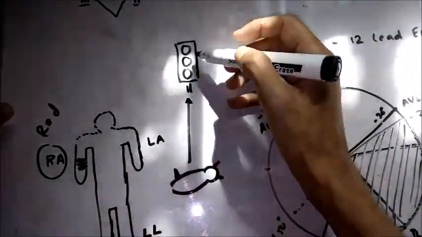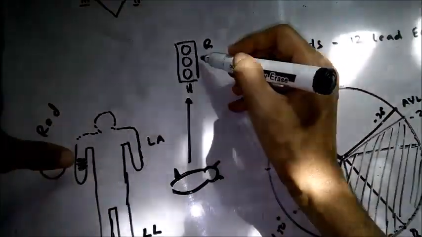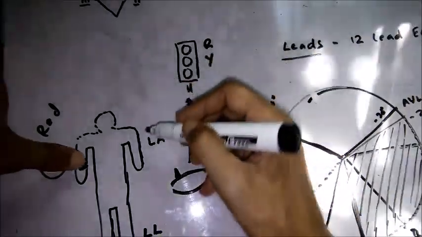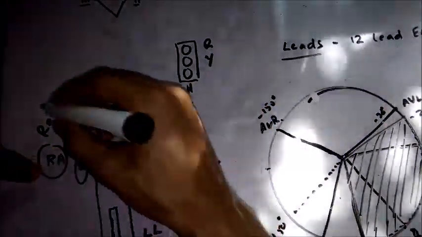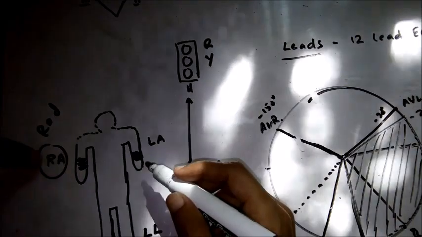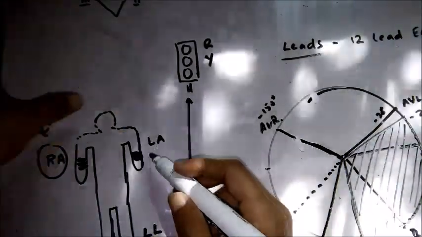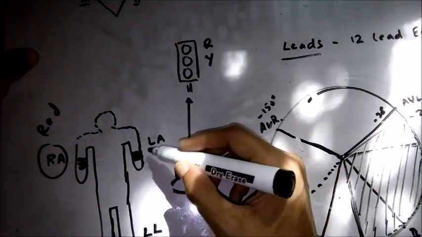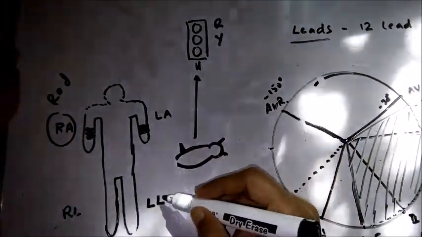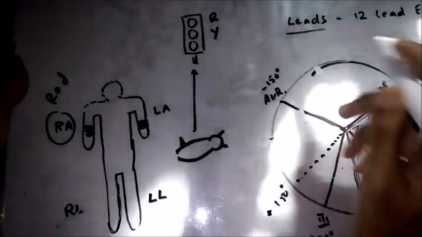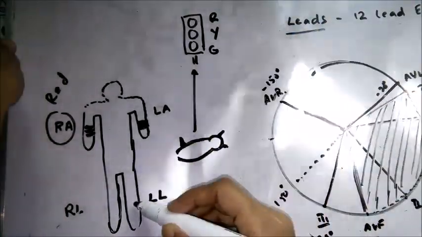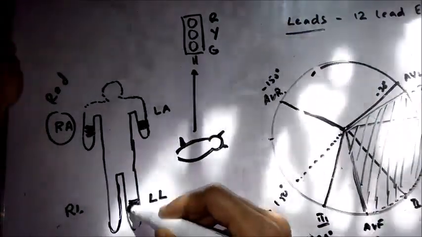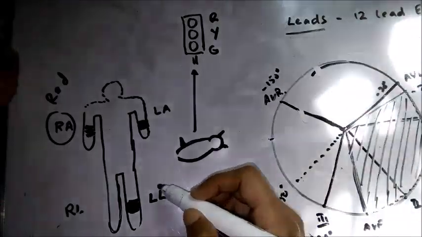Then the second traffic light is yellow, so the yellow clamp gets attached over here. So it's going in a clockwise fashion. Right arm red, yellow clamp to the left arm, and then you go downwards and the third traffic light, green, so the green clamp gets attached to the left leg, right?